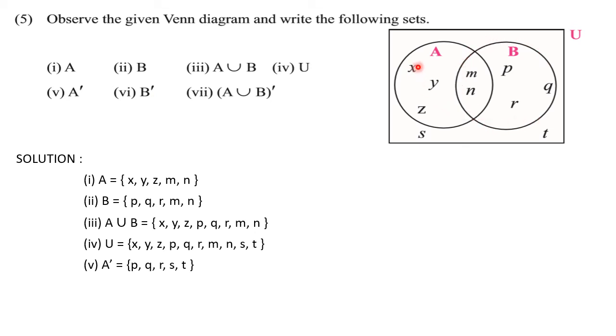So the elements are X, Y, Z, S and T. You can observe from the diagram, or as I have said, you can see now set B and set U. So except P, Q, R and MN, you have to write down the remaining, that means X, Y, Z and S, T, that will give us B complement or B dash.